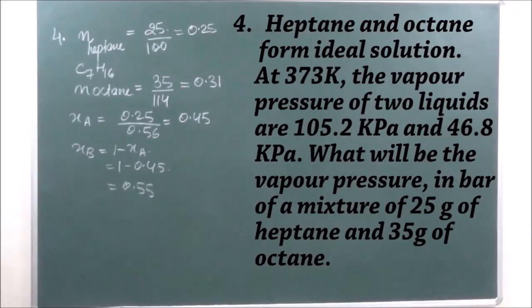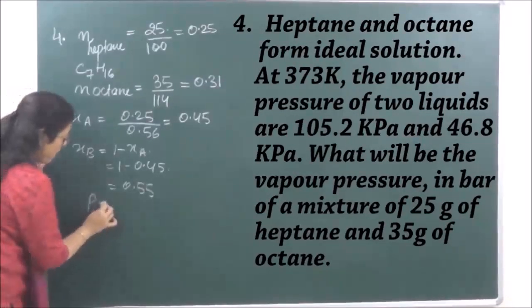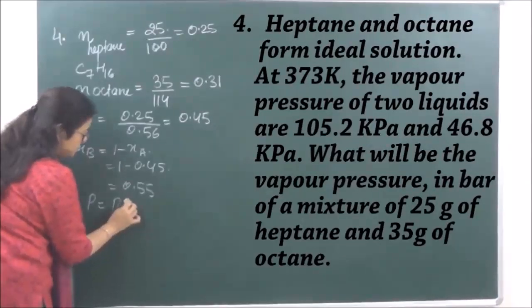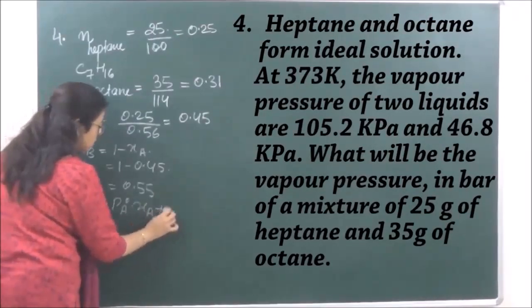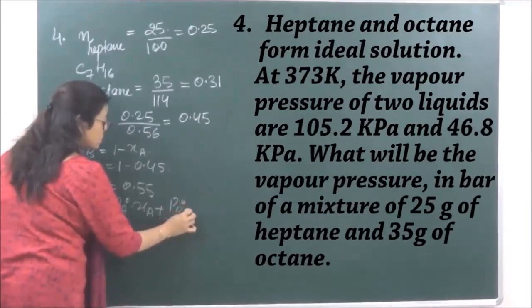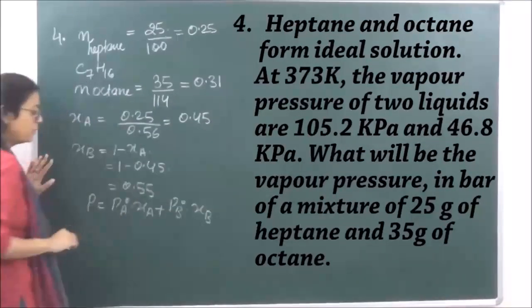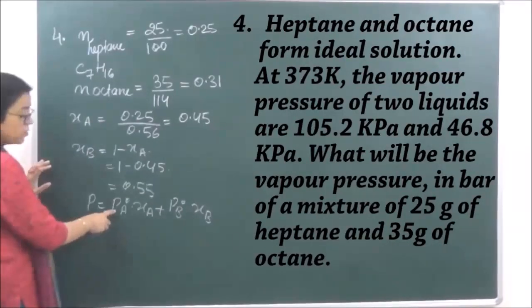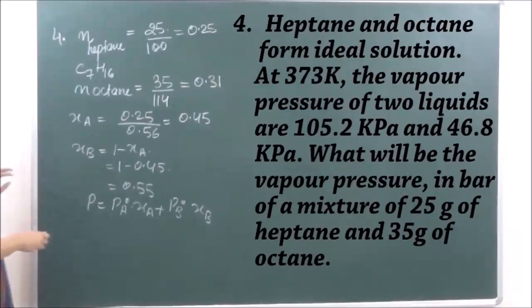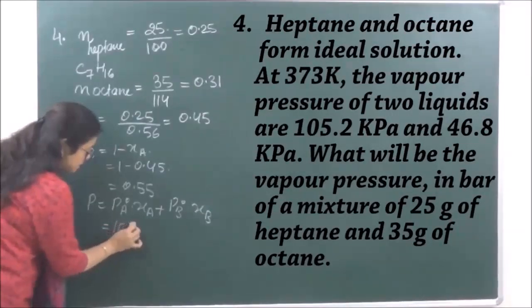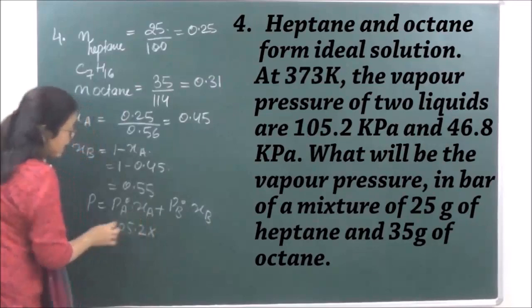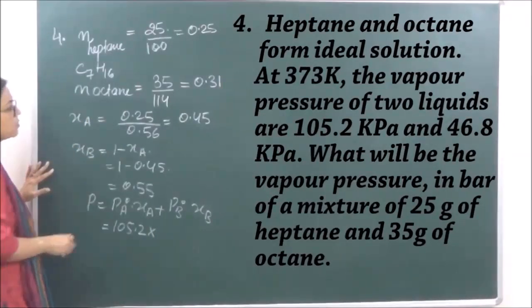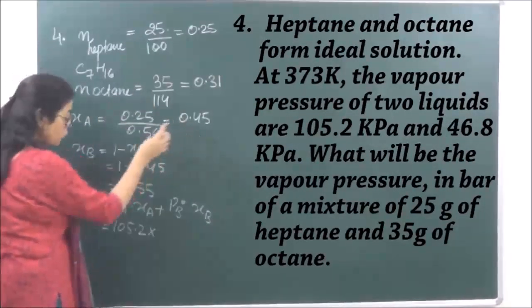So this is XB. Let's calculate P. P will be equal to PA naught XA plus PB naught XB. Okay. So what is PA naught? PA naught is given as 105.2, into XA. XA is 0.45.